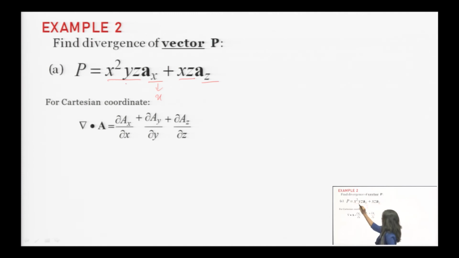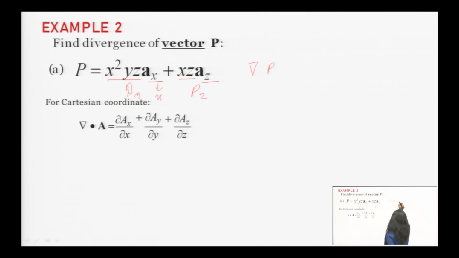So this is the px, actually the x component, and this is the pz. This formula is given for some vector a. Similarly we can write the formula for the p vector also. So divergence can be represented as the dot product of del and the vector p.